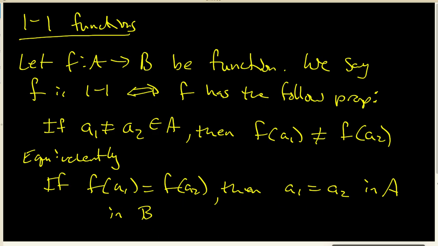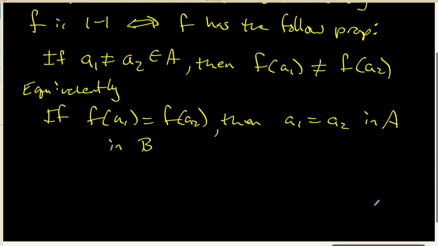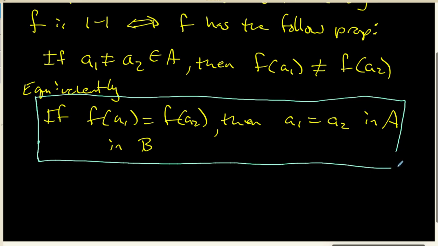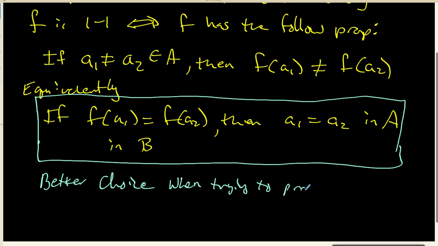I do want to stress that in formal theoretical mathematics, this particular version of one-to-one is usually the better choice when you are trying to prove a particular function is one-to-one.